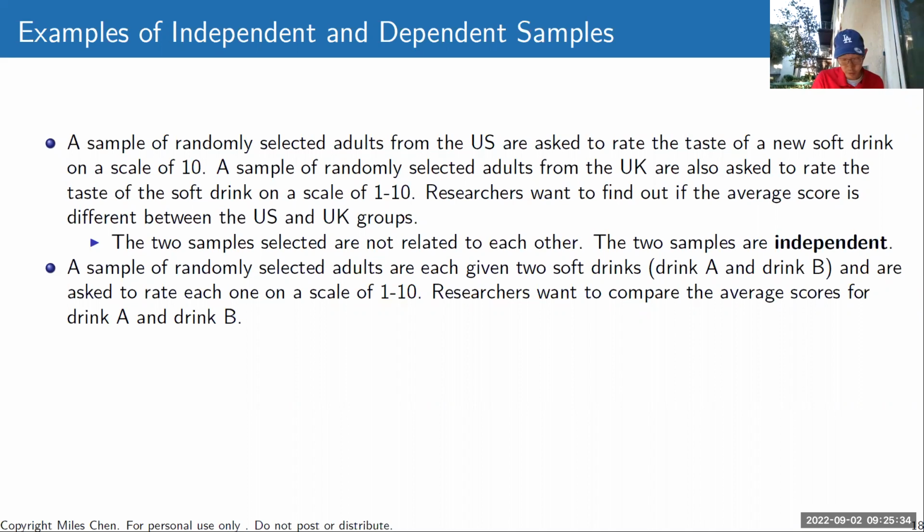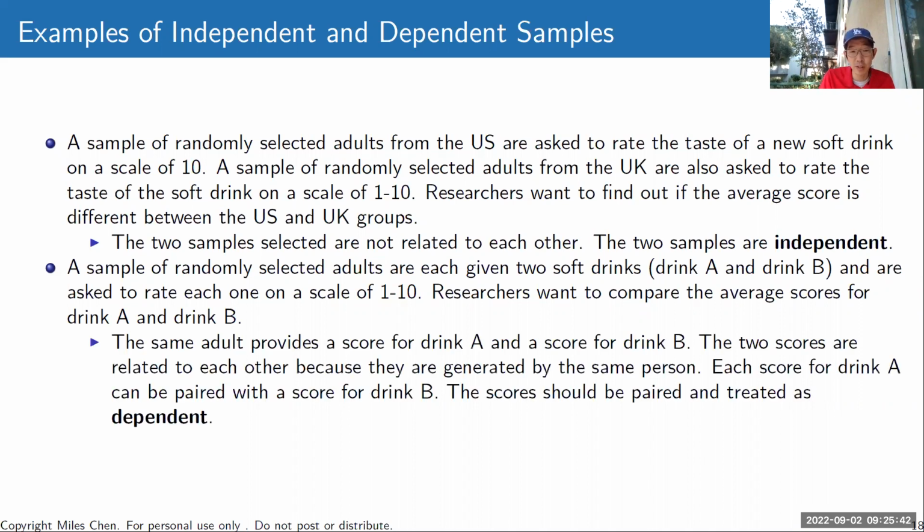So in this case, as far as the population goes, there's really just one population and you're getting 2 measurements. The same adult provides the score for drink A and drink B, so these 2 scores are related to each other because they're being generated by the same person. And so we can take every drink A score and pair it with a drink B score. So these scores are paired and treated as dependent.